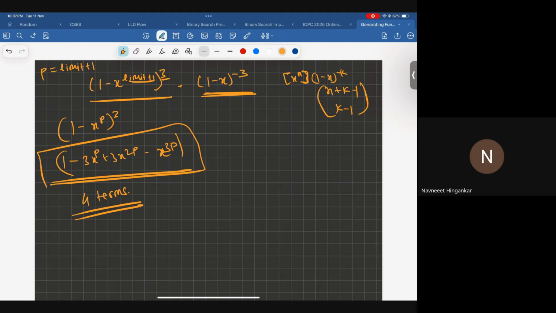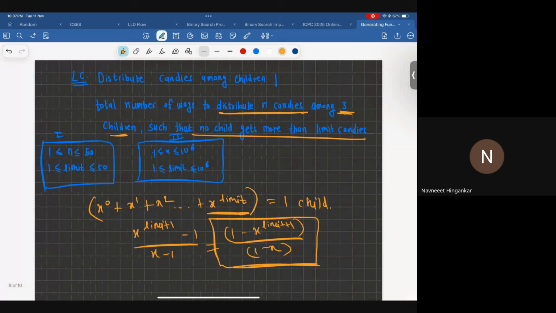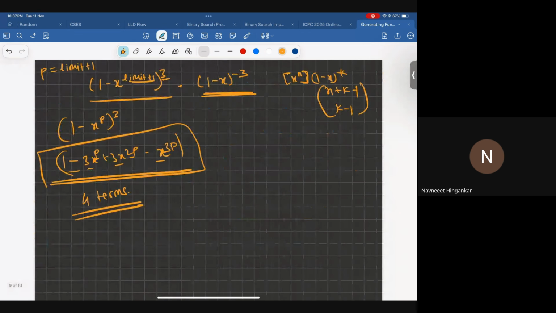All we need is how many ways to get the candies, so we need the coefficient of x to the power n in this total multiplication. Now this formula we know, (n plus k minus 1) C (k minus 1).